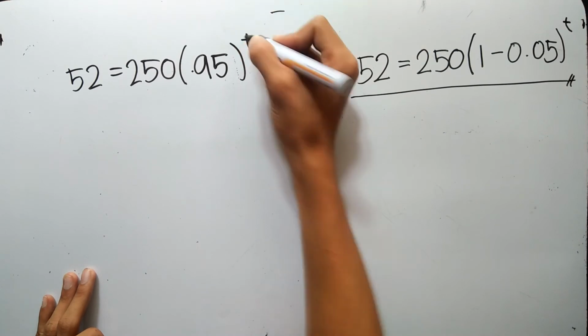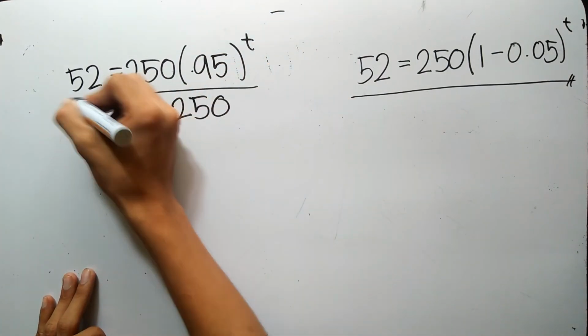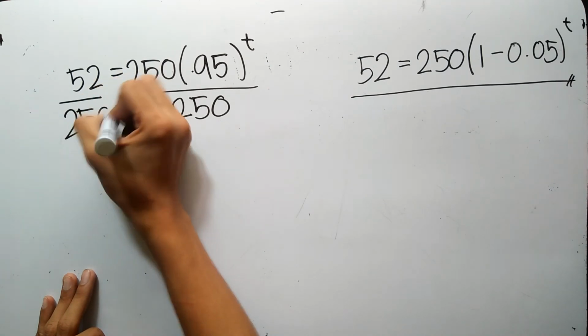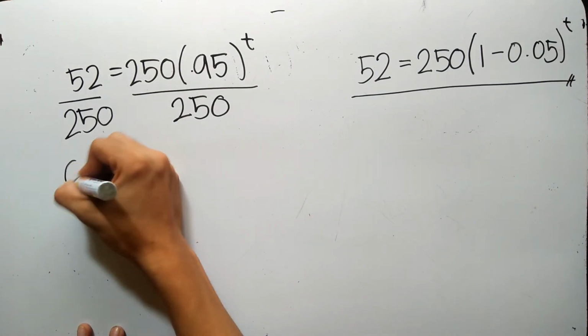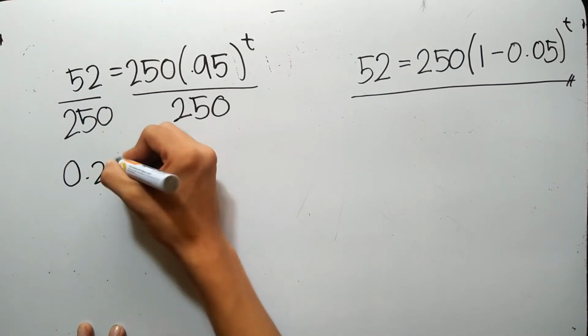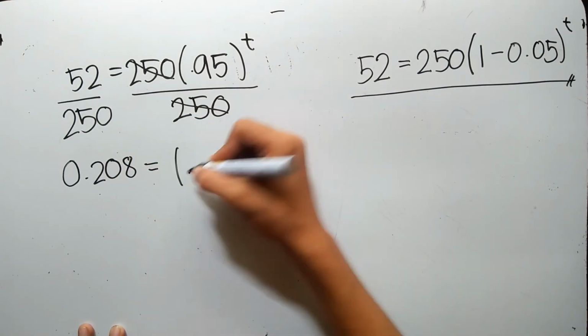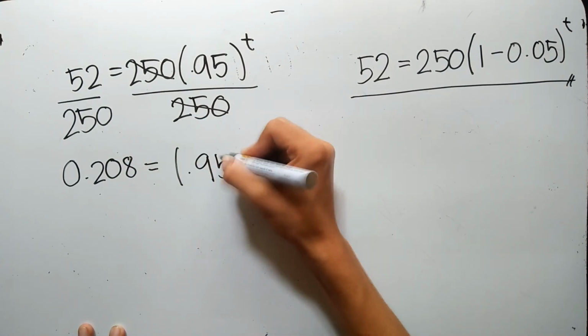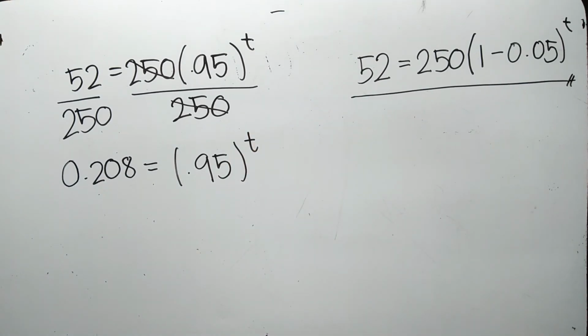And we divide both sides by 250. 52 divided by 250 is equal to 0.208. 250 divided by 250 is equal to 1. There's no need to write 1 in the equation.